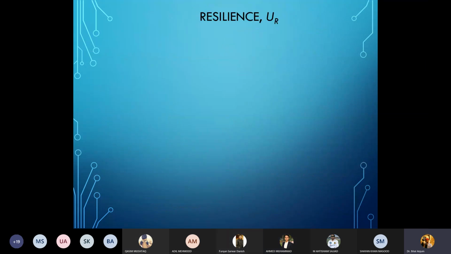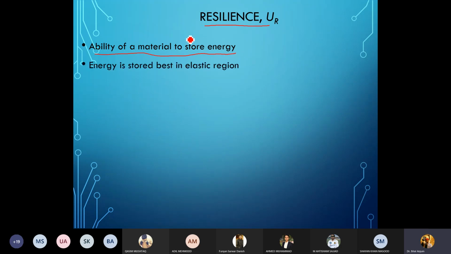Moving on, the term resilience. How do you define the term resilience? It is the ability of a material to store energy. When I say store energy, it specifically refers to the energy stored within the elastic region.